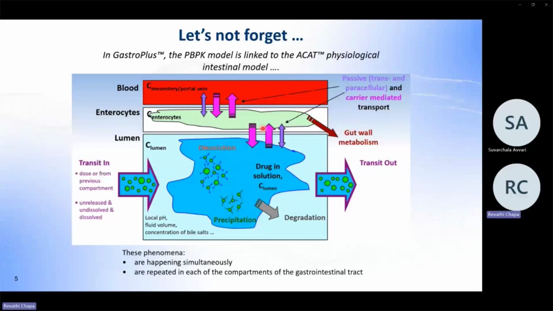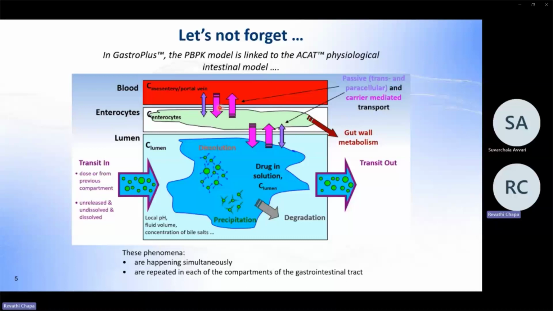Then the drug gets into solution, and it needs to traverse the gut wall. When it traverses the gut wall, it has to overcome two barriers, where it could either be effluxed by the efflux transporters, or be metabolized by the enzymes present in the gut wall. So it has to overcome these two processes in order to make it to the systemic circulation.